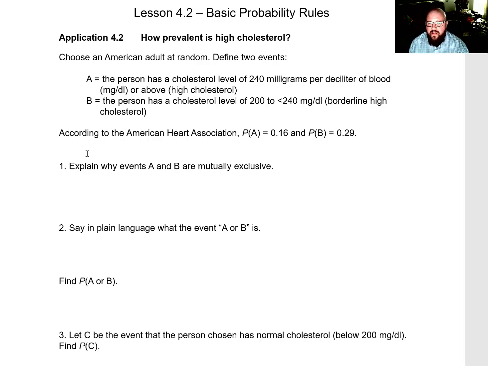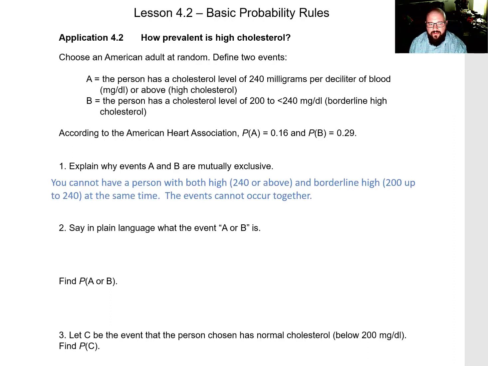Okay. According to the American Heart Association, the probability of A, a person having a cholesterol level of 240 or higher, is 0.16, so 16%. The probability of B, the person having a cholesterol from 200 to less than 240, is 0.29, so 29%. So explain why events A and B are mutually exclusive.